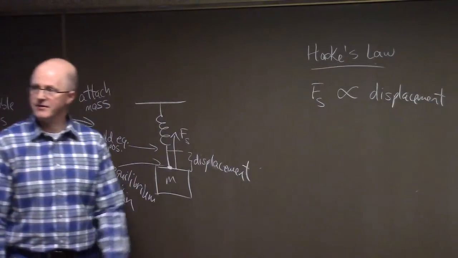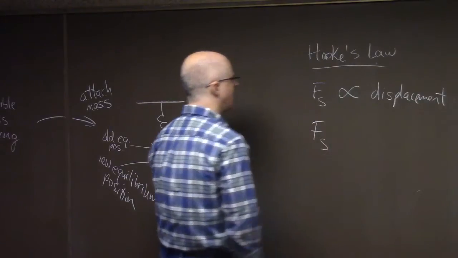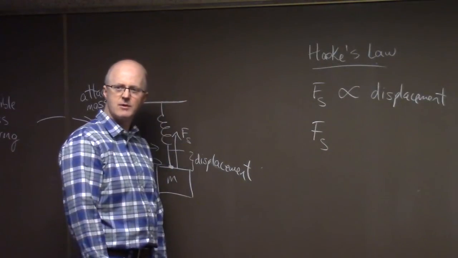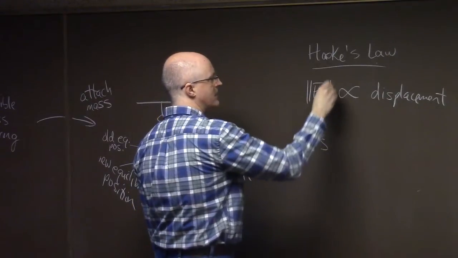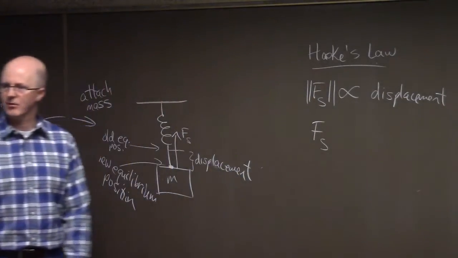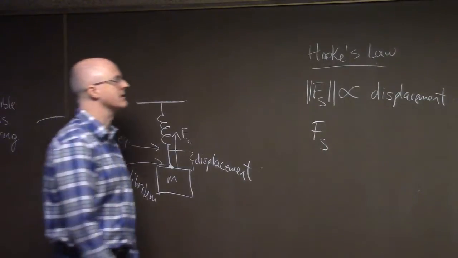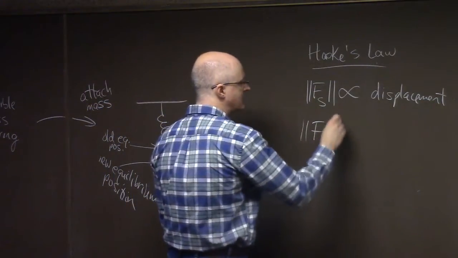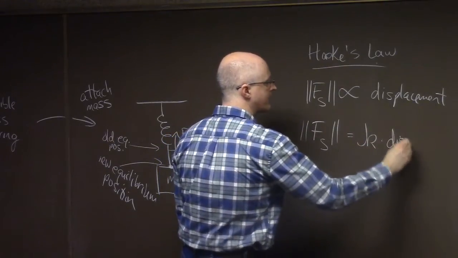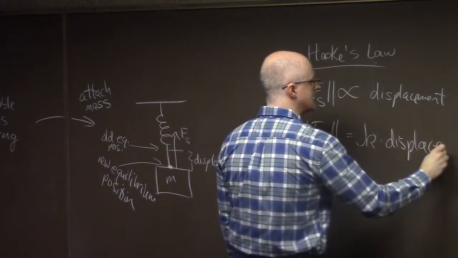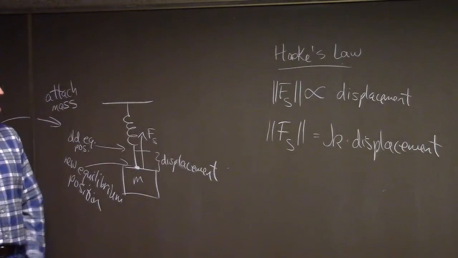So there's some constant of proportionality. I guess I'm focused on the magnitude of the force here. I'm going to put double absolute value signs around the force to emphasize magnitude, the way that I do in multivariable calculus. The magnitude of the force is some constant times the displacement. I want to call the displacement y because I'm going to reserve that for something else.